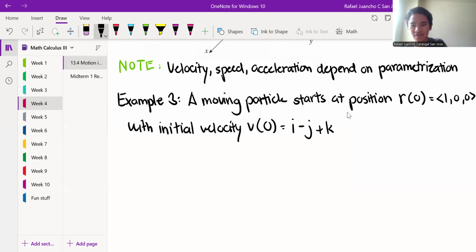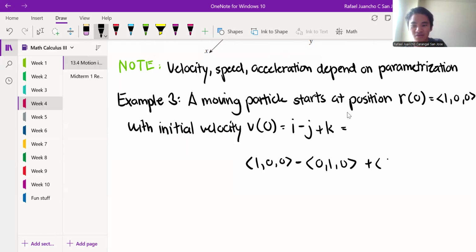Let's actually translate that immediately because I don't like saying ijk. So i is 1, 0, 0. These are standard basis vectors, right? 0, 1, 0, that's my j.